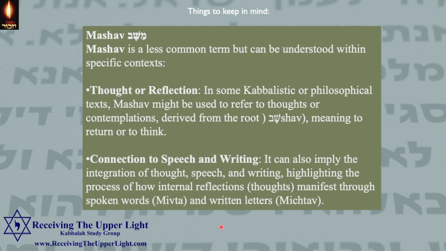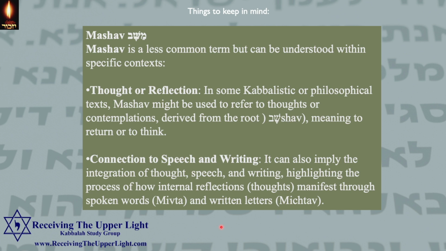Now, Mashav. Mashav is a less common term, but can be understood within specific context. For example, thoughts or reflection. In some Kabbalistic or philosophical texts, Mashav might be used to refer to thoughts or contemplations derived from the root shav, meaning to return or to think.